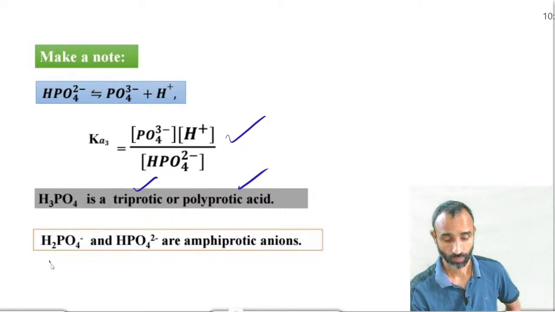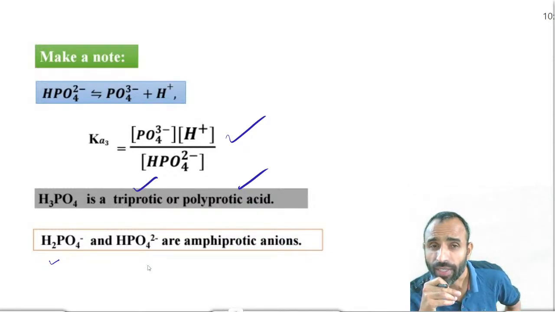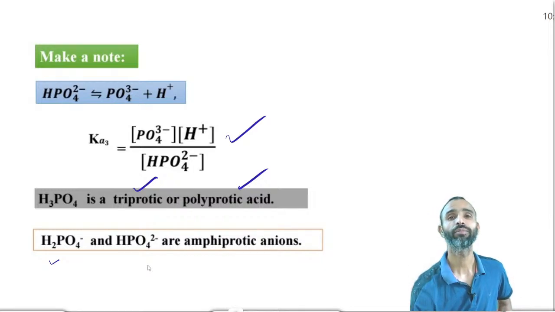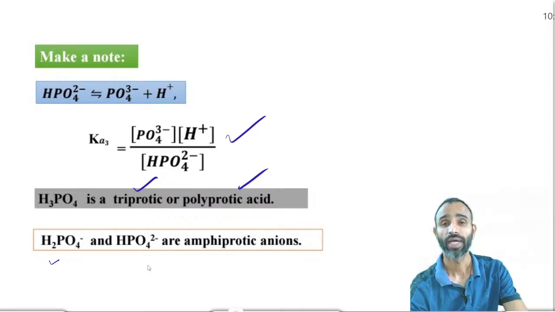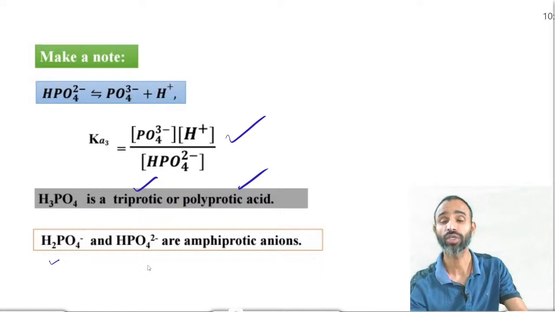Zwitterion means which can have acidic as well as basic groups in the same molecule. So that is called zwitterion. Here it cannot be, because it does not have two groups.